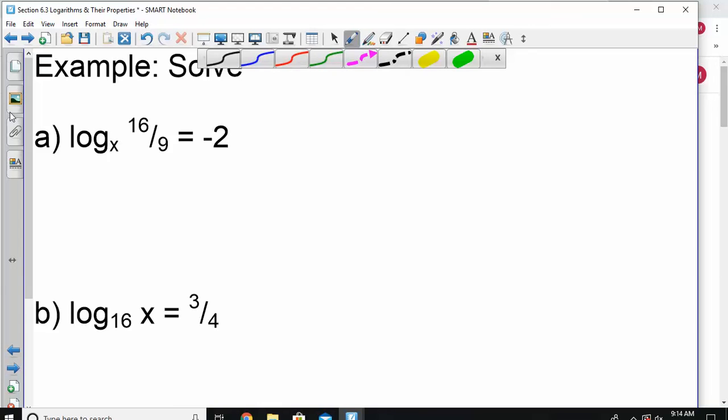Keep solving these. So some of them you might be able to look at and know, some of them you may not. If I did this one, how would I write it?